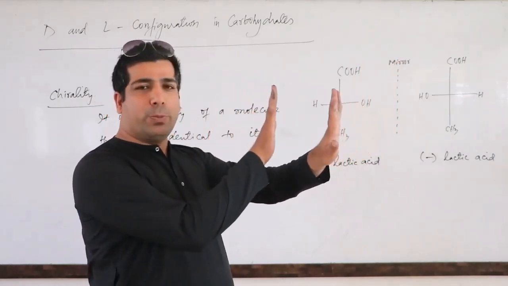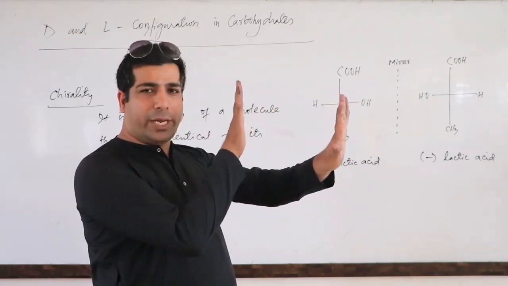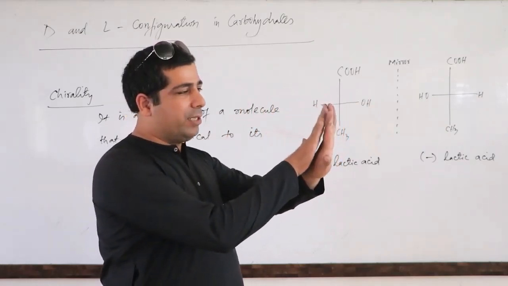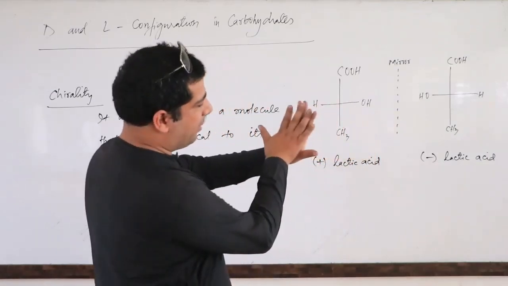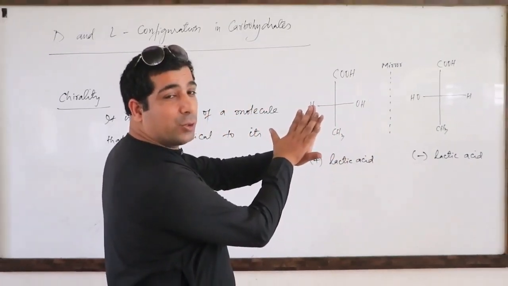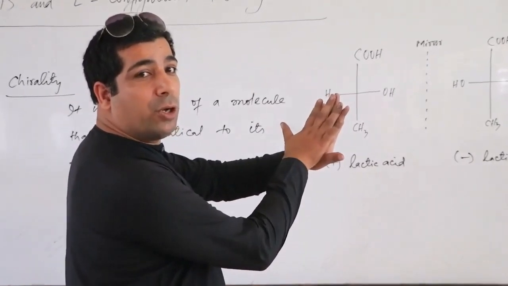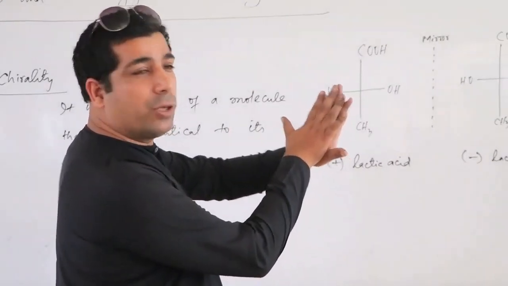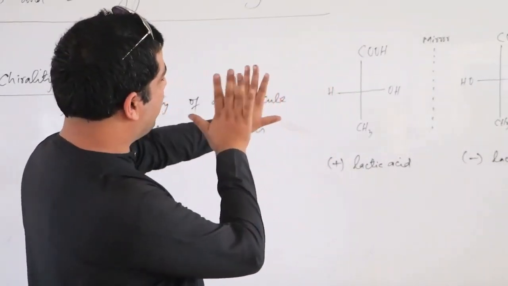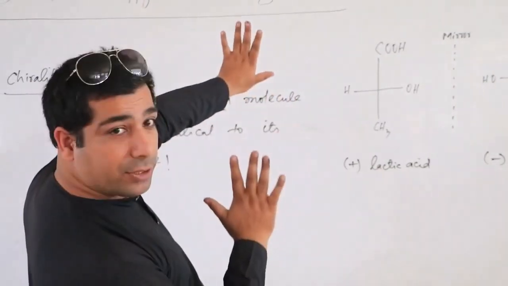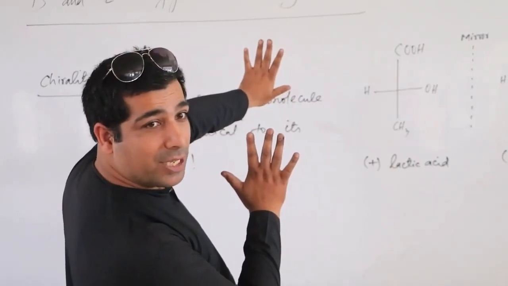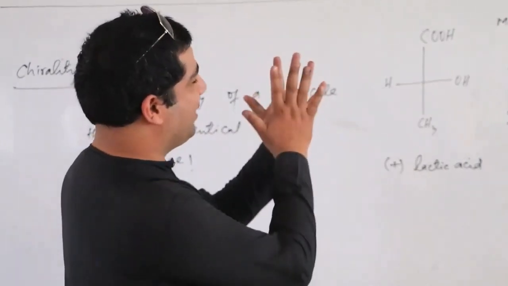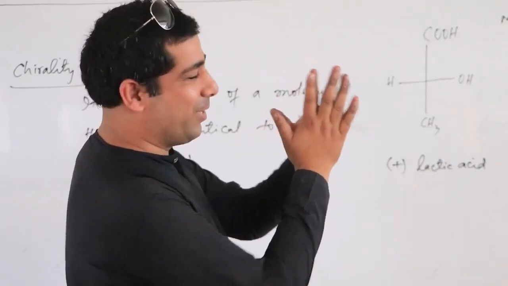If you try to superimpose them, if you try to put them onto each other, you can have a look here that there is no superimposition. They are non-superimposable. See here, I am showing this hand to the mirror and it shows me exactly opposite. Don't do like this, otherwise they'll become superimposable in this way.